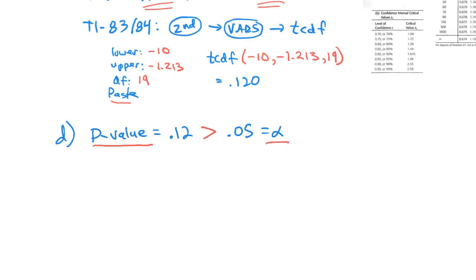If the p-value is greater than alpha, that means we fail to reject H naught. Does that mean we proved that it's true? No, all we're saying is that, based on our sample, the evidence is not strong enough to reject the null hypothesis.